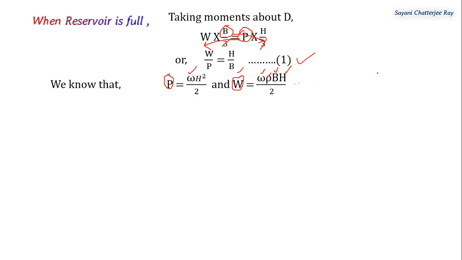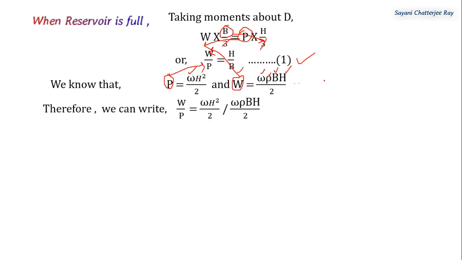We know these two equations from earlier. Now we will put the value of P here and the value of W here, and our equation will look like W by P equals rho times S times b times h divided by 2, over w times h squared divided by 2. I have done nothing but put the values of these two in equation number 1.